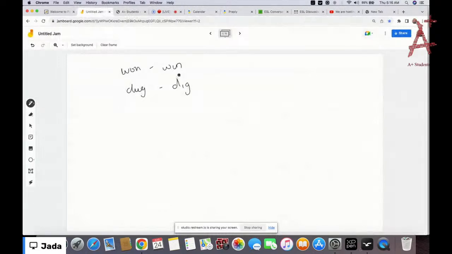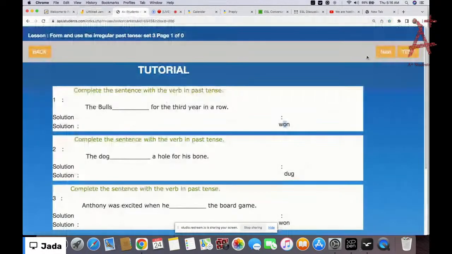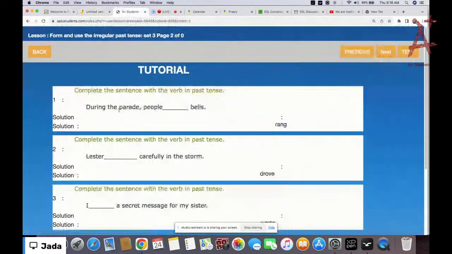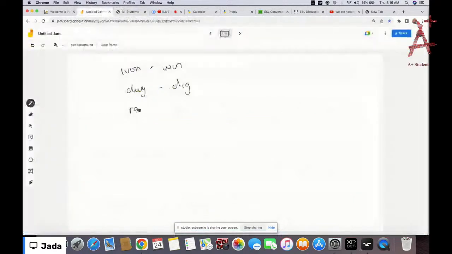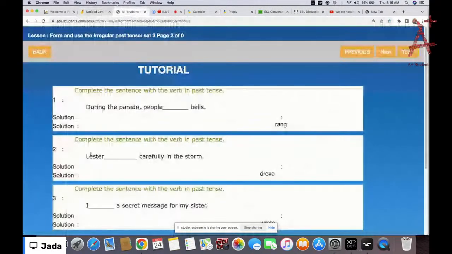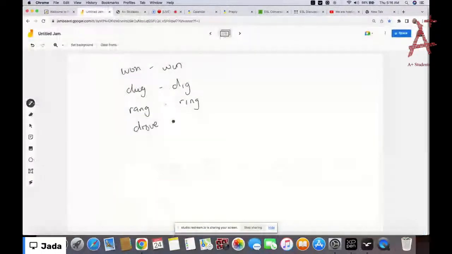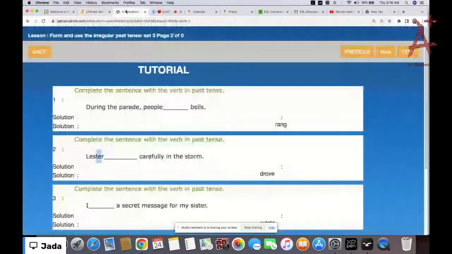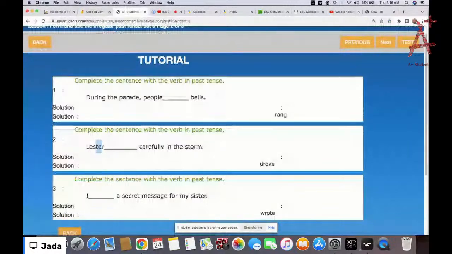Then we have: during the parade, people rang bells. So rang is the past, and then ring. Then Lester drove carefully in the storm. So drove, drive. And then I wrote a secret message for my sister. Wrote, past tense of what? Write.